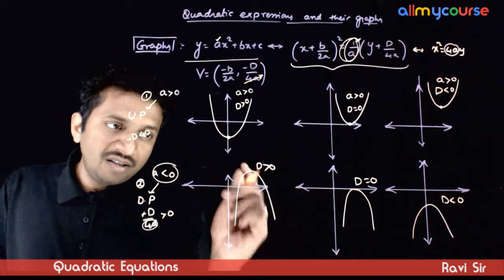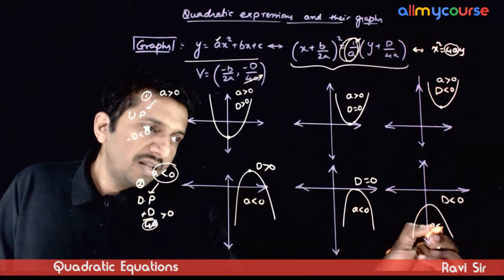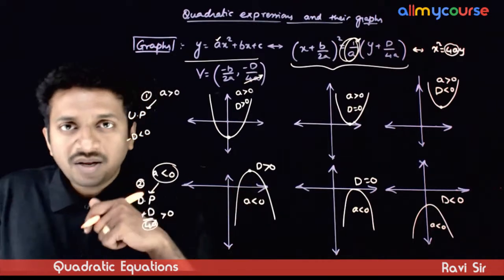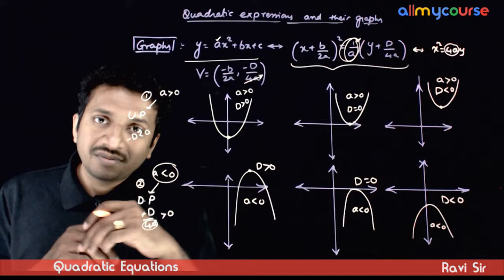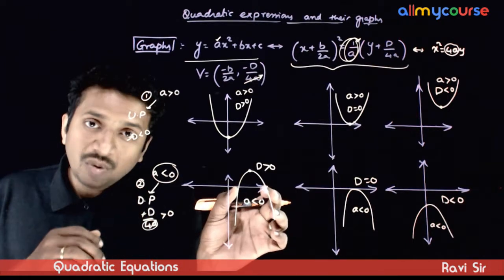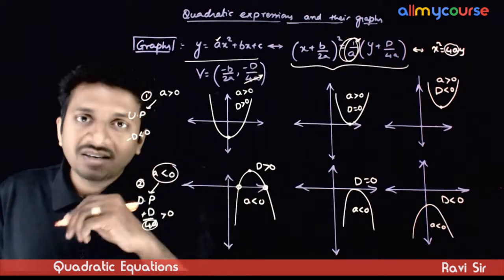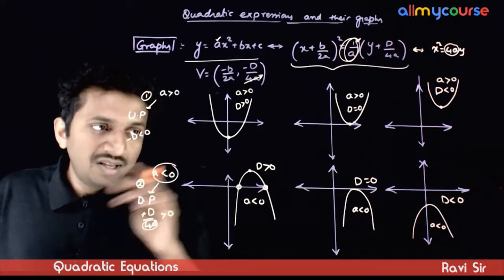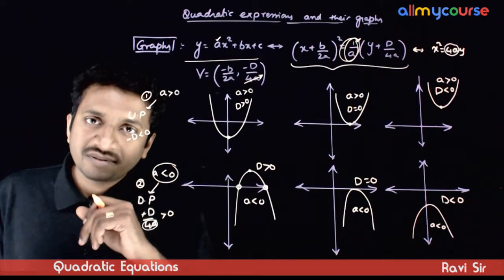So again, if a is less than 0, the graph is a downward parabola. With a less than 0, if discriminant is positive, that means the equation has two real roots and the graph has to cut x-axis at two different points. Hence, a less than 0, d greater than 0 represents this graph.